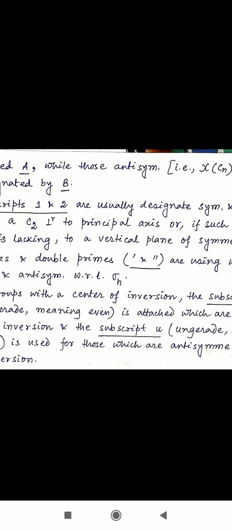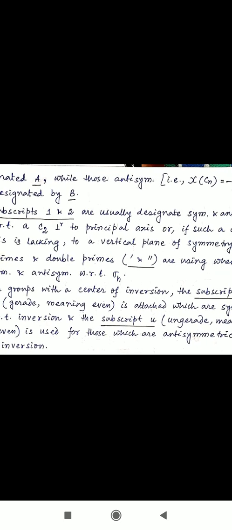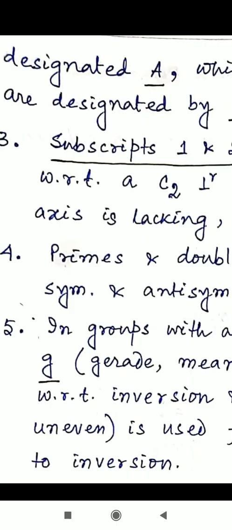If I have a plane known as sigma h, sigma horizontal, then with respect to sigma h, if the molecule is symmetric, we write prime, and if it is antisymmetric, we write the double prime.